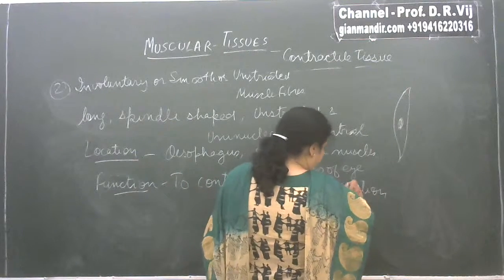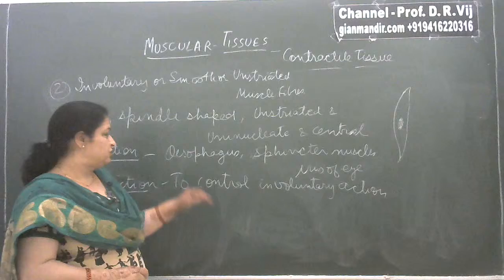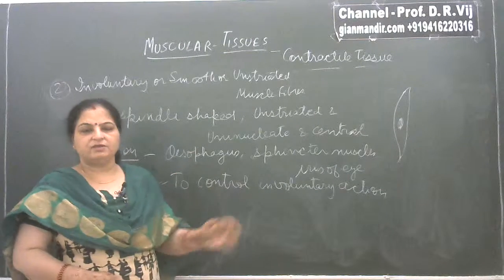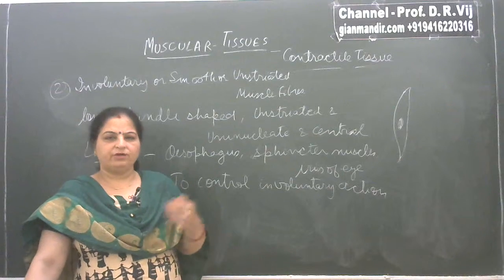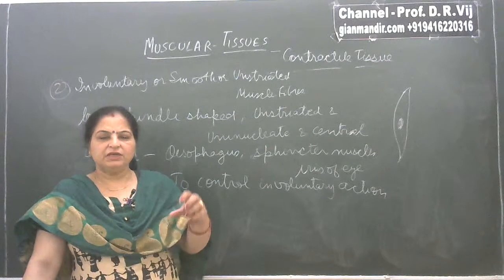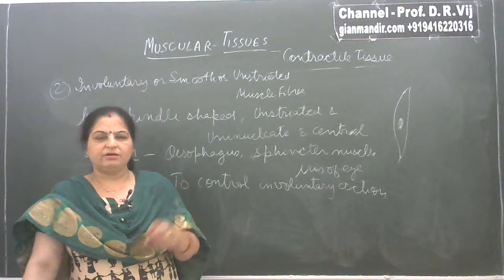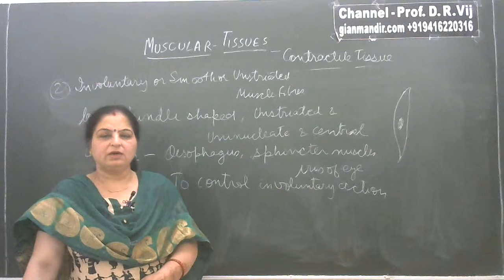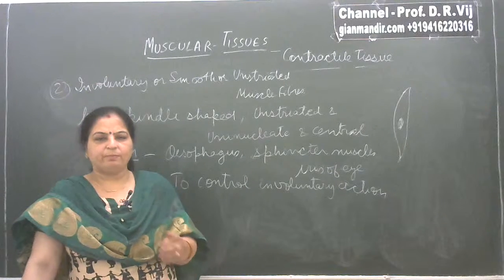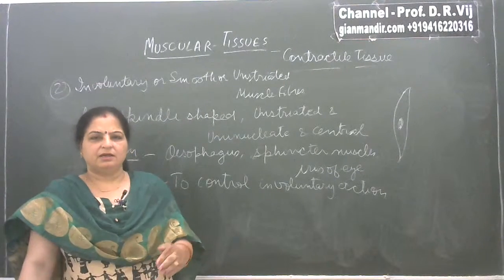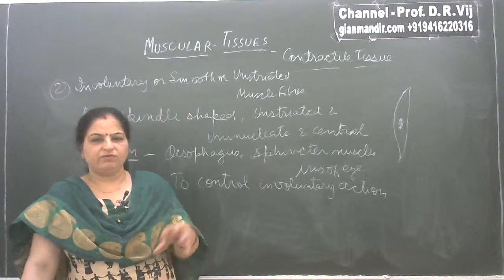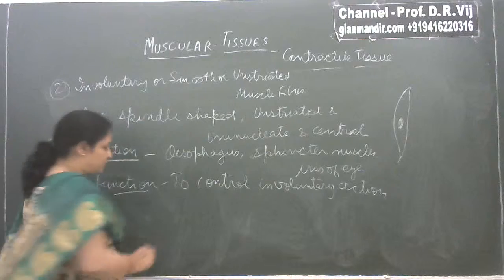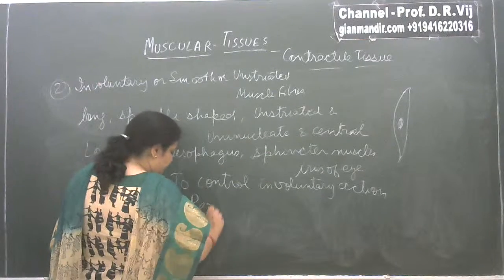For example, you have seen that these tissues are present in esophagus. Esophagus means the food pipe which connects the buccal cavity to the stomach. So, in food pipe, there are rhythmic contractions and relaxations going on that ensure that food passes slowly in the food pipe, and that slow movement in a wavy manner is known as peristaltic movements.